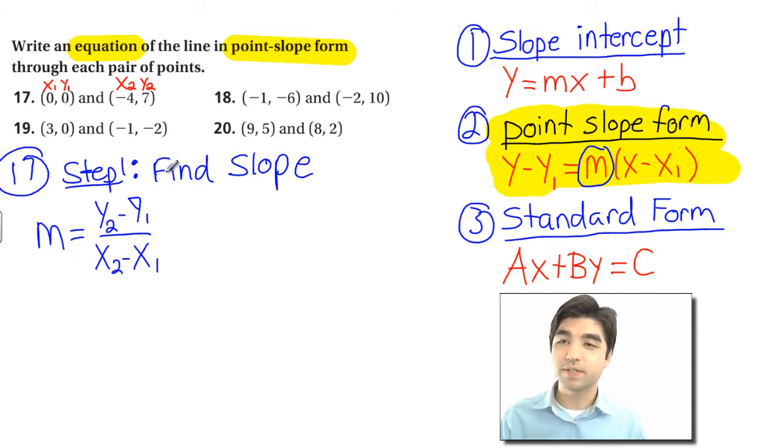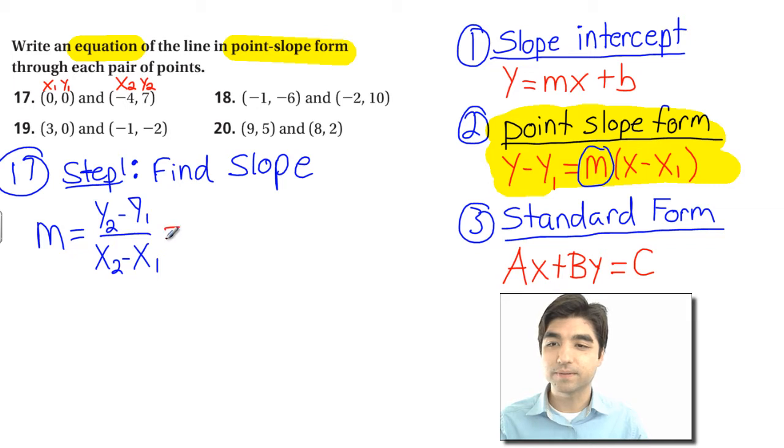Now all you need to do is put these numbers into your equation, and then you'll be able to find slope. So our y2 is this 7 right here. So you put 7 minus y1, which is 0, and that's divided by x2, which is negative 4, minus 0.